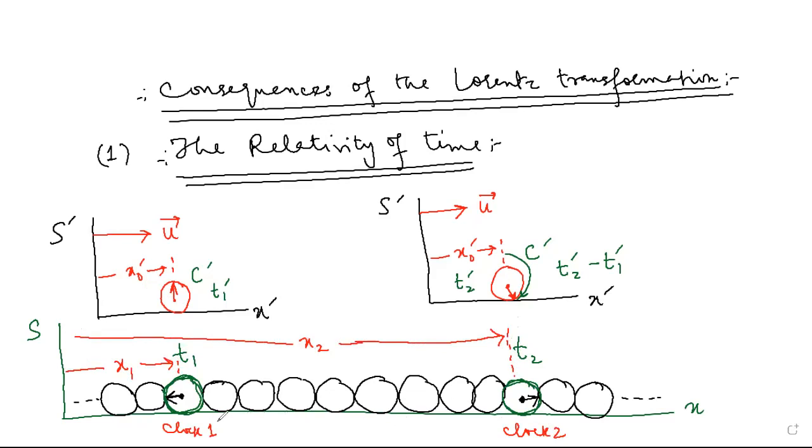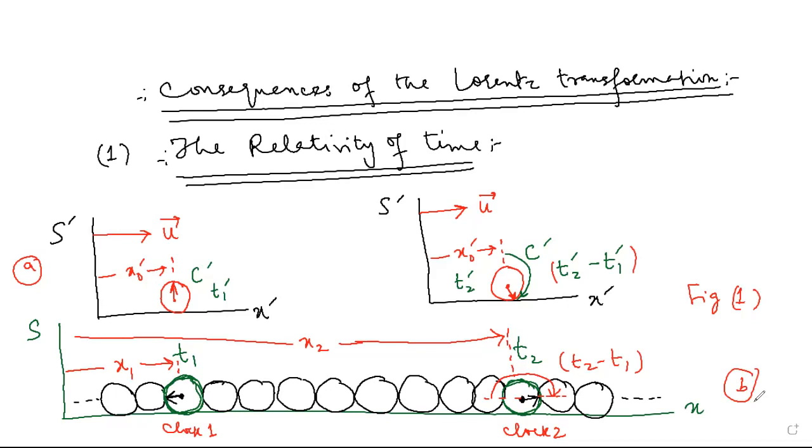And what else? This is T2 minus T1. This is my figure 1. Let this be part A. This be part B. Let me check it, then I will explain.